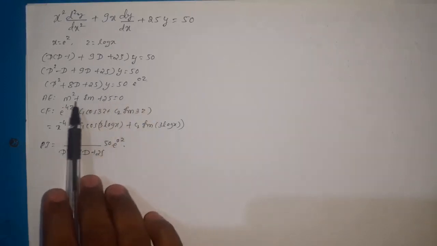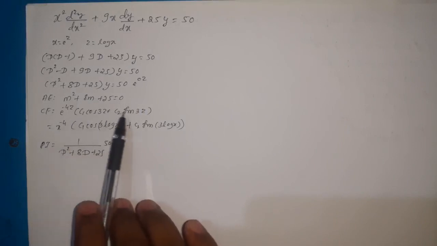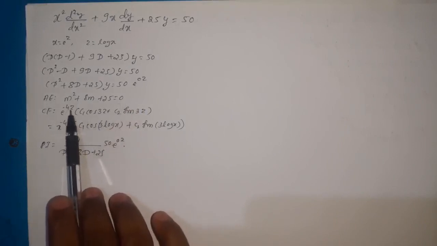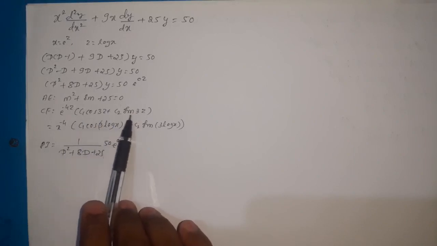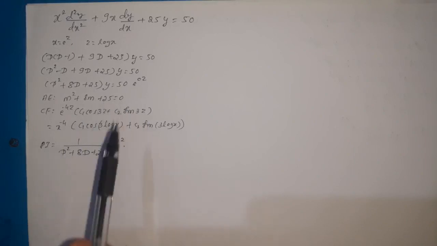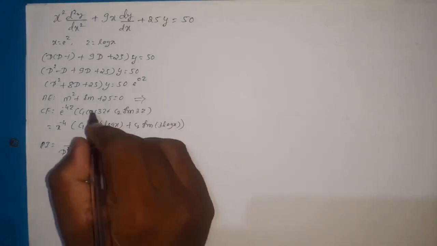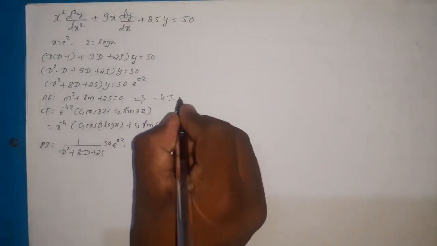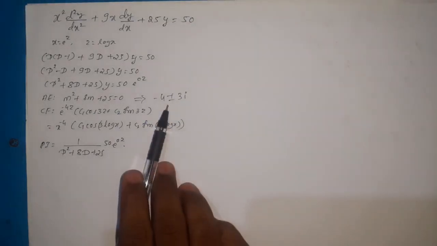Now the auxiliary equation is m square plus 8m plus 25 equal to 0, and the complementary function of this one is e power minus 4z into c1 cos 3z plus c2 sin 3z. So it implies that here roots of this equation are minus 4 plus or minus 3i, which is the complex form or complex roots.